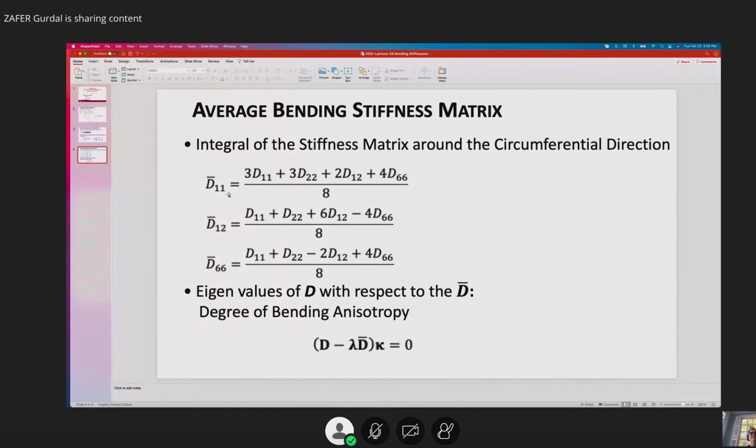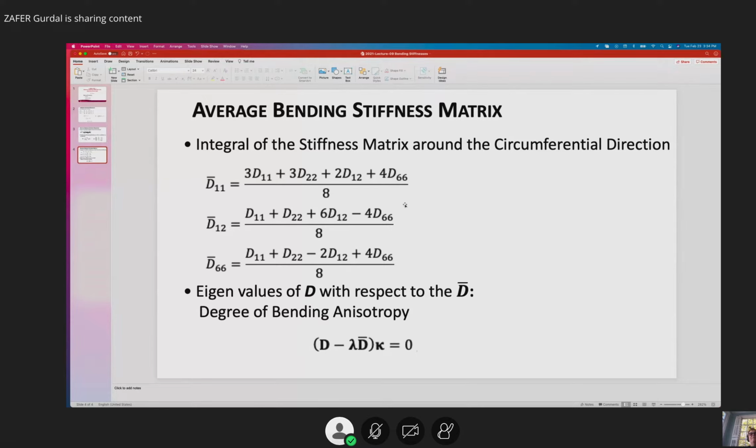Given the D matrix, if you put those values in here, each of these equations is different. For D11 it's different, for the D12 term it's different, for the D16 term it's different. We're also ignoring the D16, D26 terms, which are the bending-twisting coupling, which is also problematic for many engineering design problems, and defining this D bar matrix.